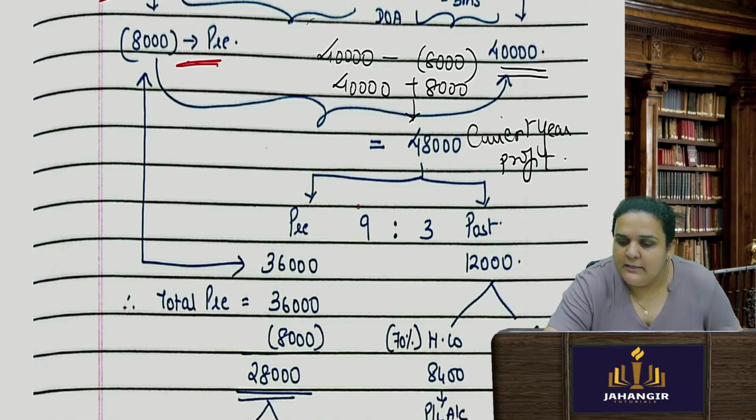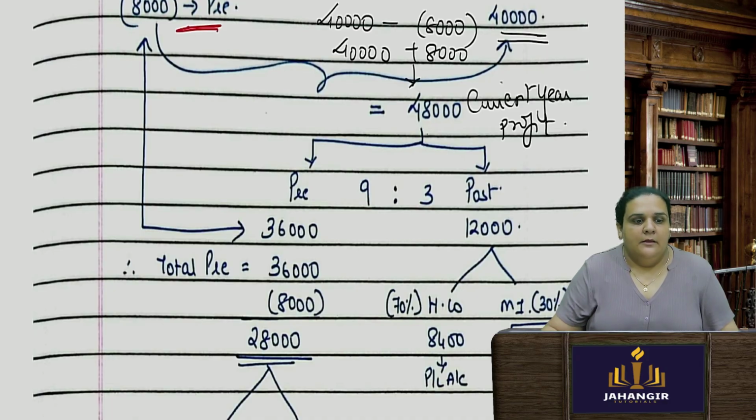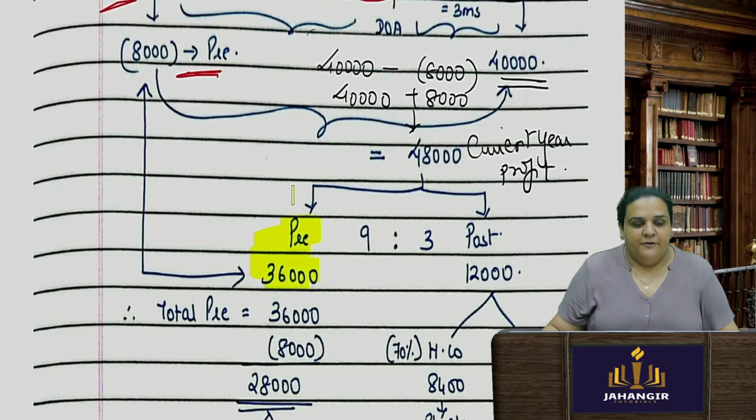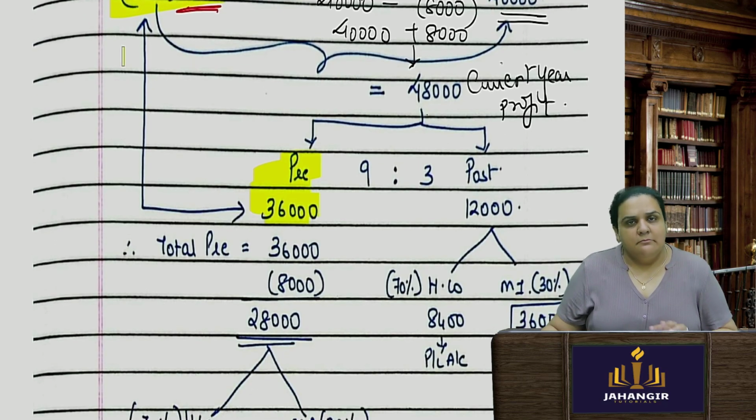Okay, so 48,000 divided by 12 into 9, it's going to be 36,000 pre, right? So this 36,000 pre profit and this 8,000 of the loss, that I can adjust: 36,000 profit minus 8,000 loss.